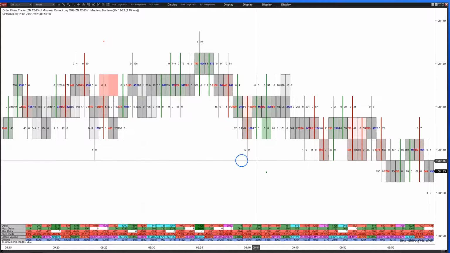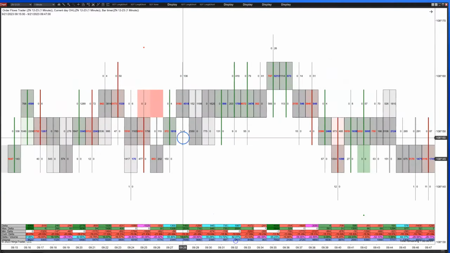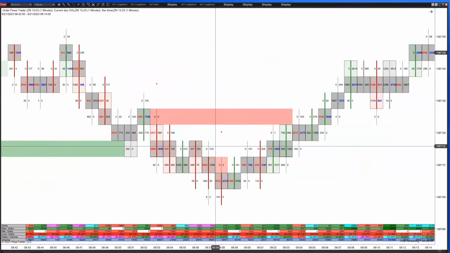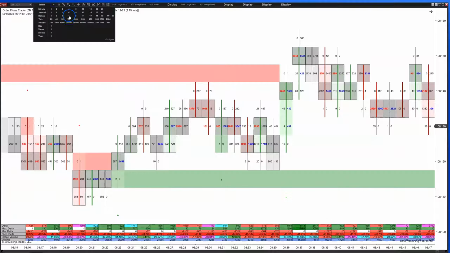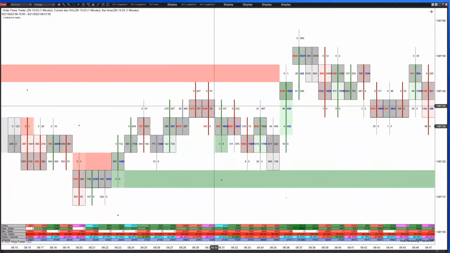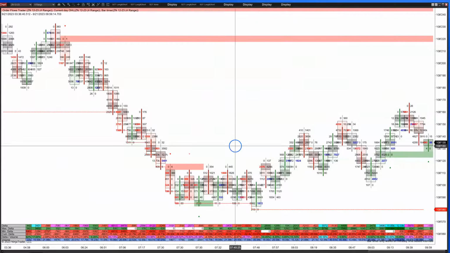The reason I like a range-based chart on a market like 10 years is that there's a lot of trading the bid and the offer, two price levels in a bar, which in my opinion doesn't give you a whole lot to go off of. That's why, over the last 10 or 15 years, I've used a 4-range chart in treasuries.